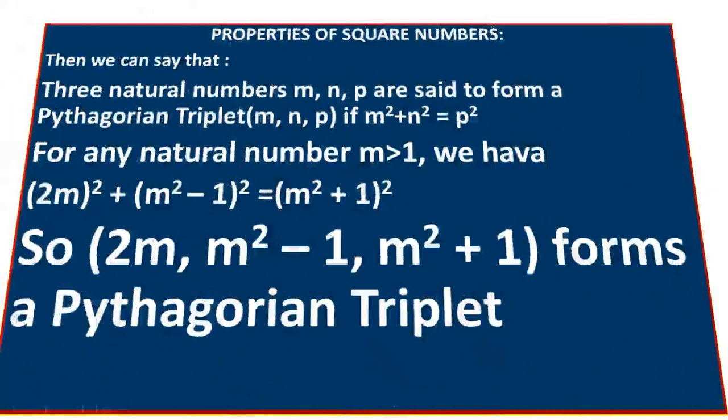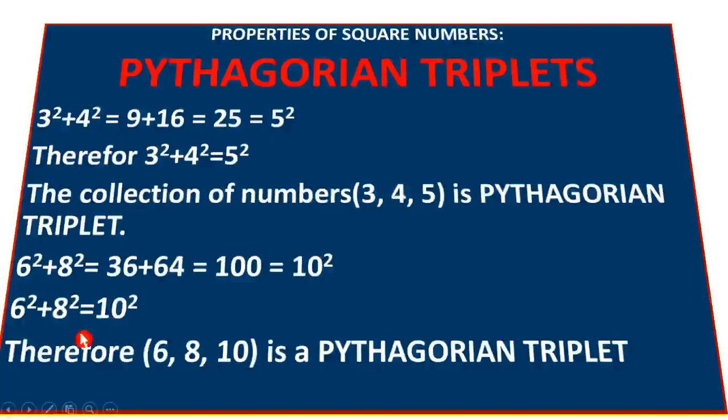You have to remember the formula: if m, n and p are three natural numbers that form a Pythagorean triplet, then m square plus n square equal to p square must hold, like the previous one I showed you: 3 square plus 4 square equal to 5 square.